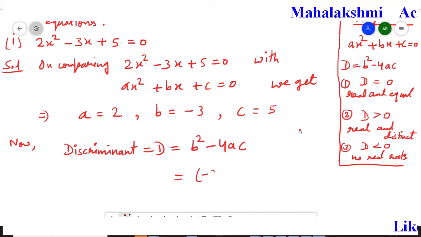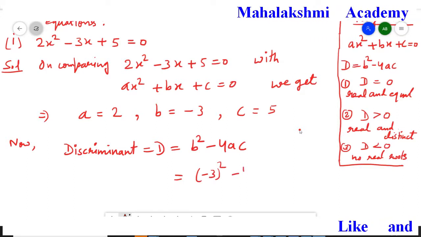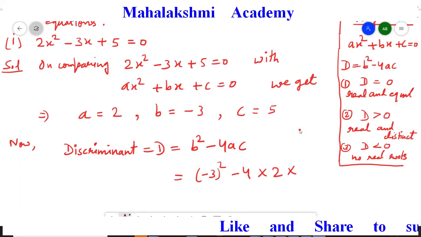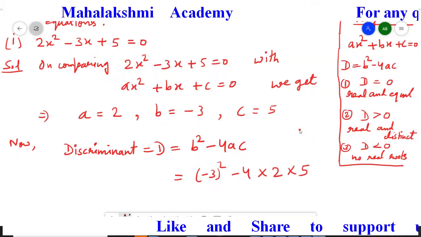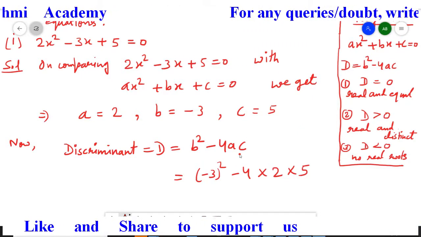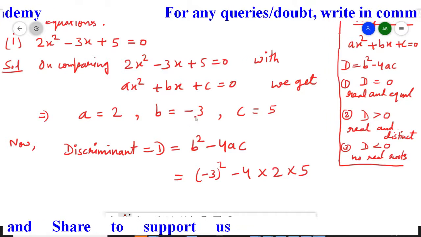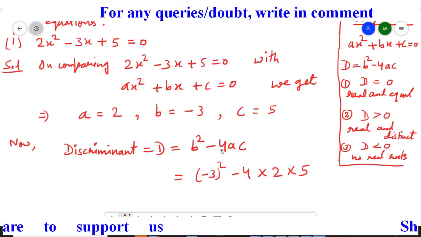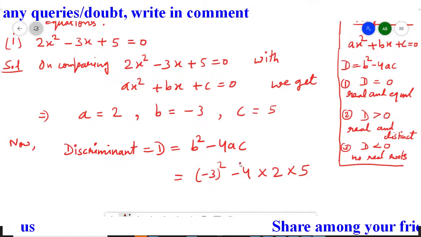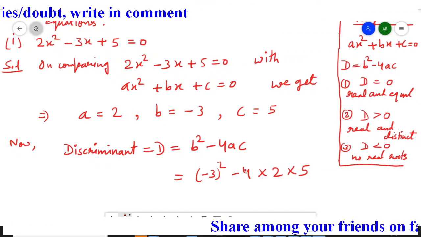The b is minus 3 square, minus 4 multiplied by a is 2 and c is 5. So what we have done is, first I wrote the formula of discriminant, that is b square minus 4ac, which you have to learn. b is minus 3, so minus 3 square, then minus 4ac, there is no symbol between them, which means they are in multiplication. That's why minus 4, a is 2 and c is 5.